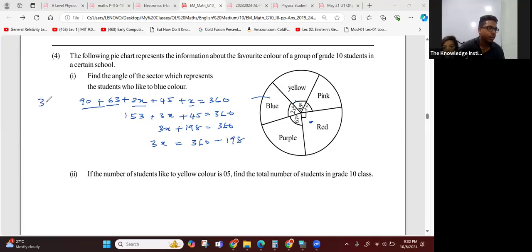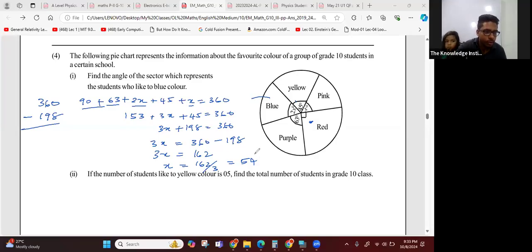So 360 minus 198 which will be 162. So 3x is equal to 162. Am I correct? Yeah. Therefore x equals 162 divided by 3, which is 54.